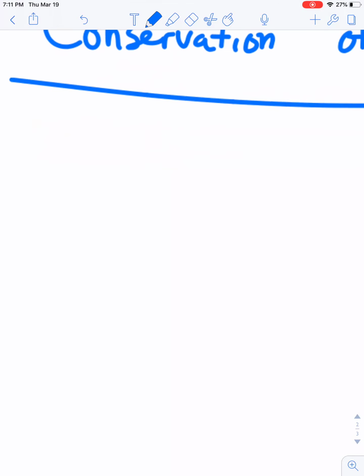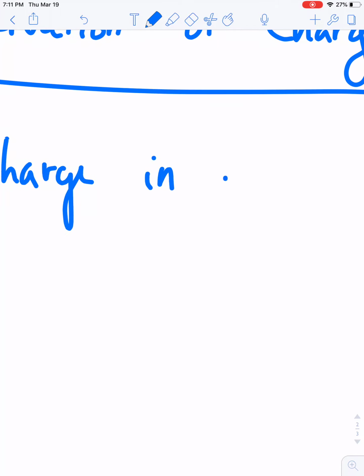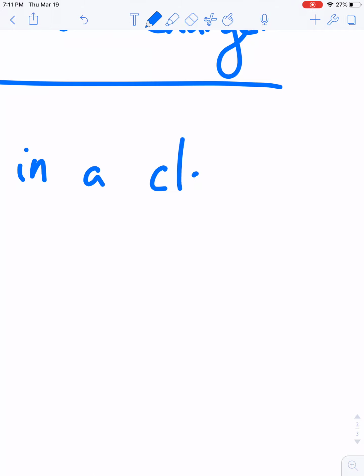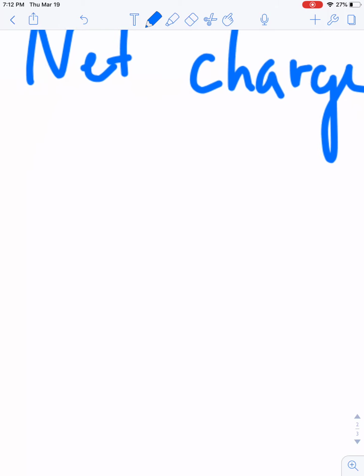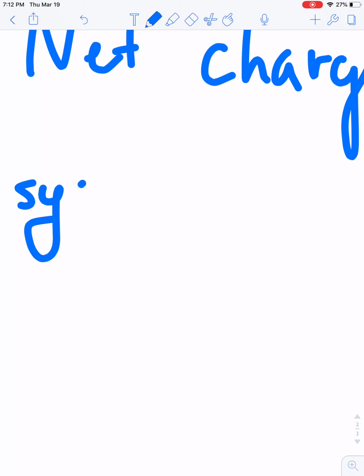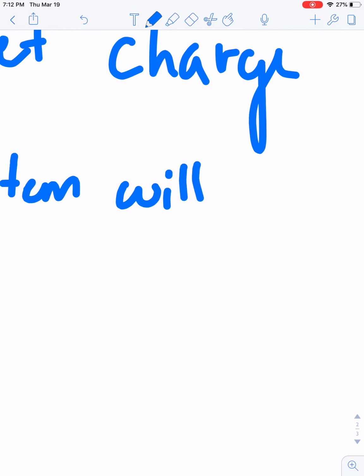Conservation of charges states that the net charge in a closed or isolated system will remain the same. Closed or isolated are synonymous.